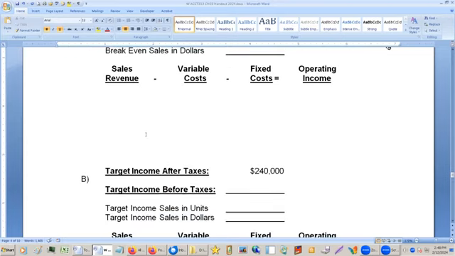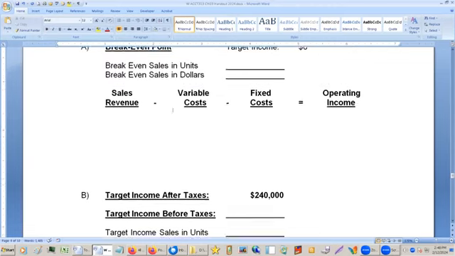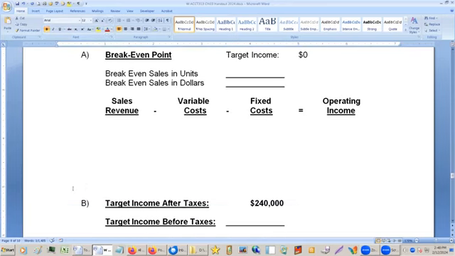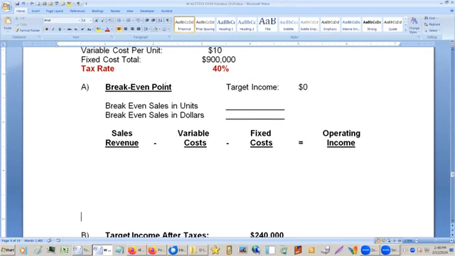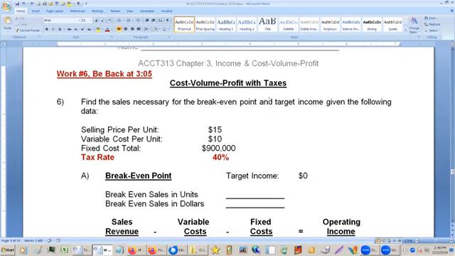Break even is going to be exactly the same. This one is going to be the problem one. This is one where you're going to have to divide by 100% minus the tax rate. Here's the tax rate. Well, okay.